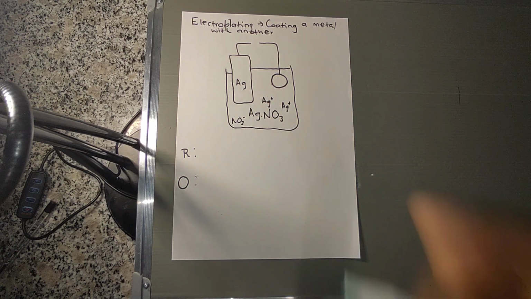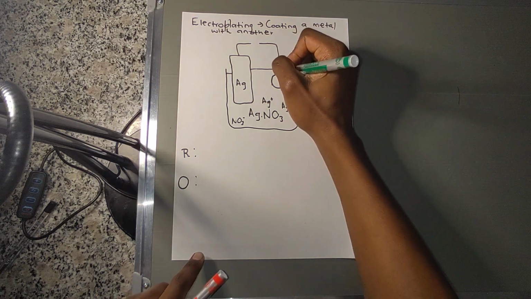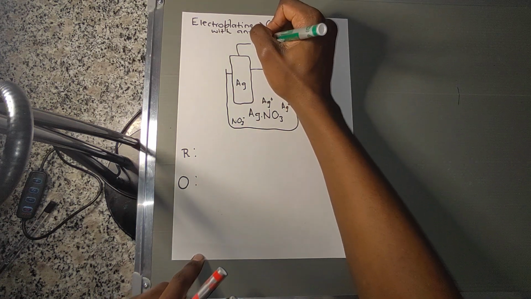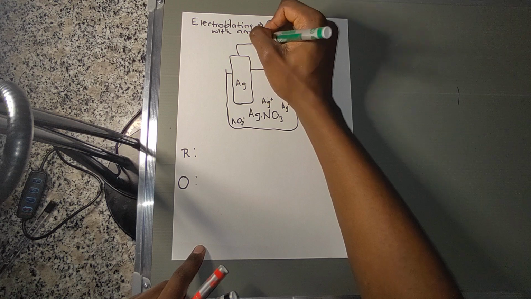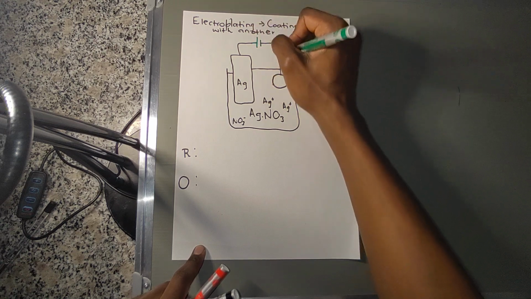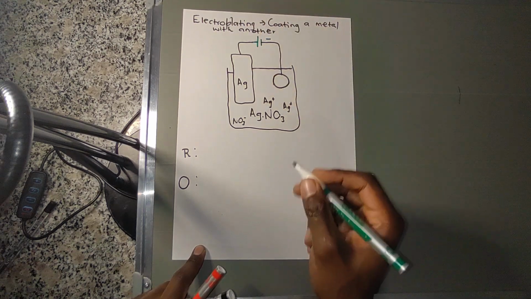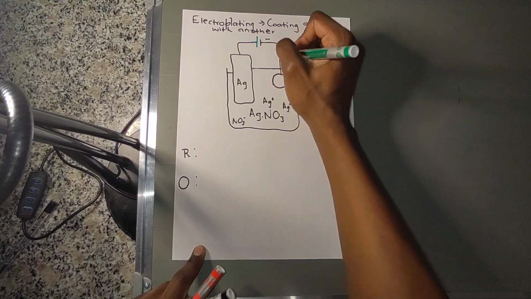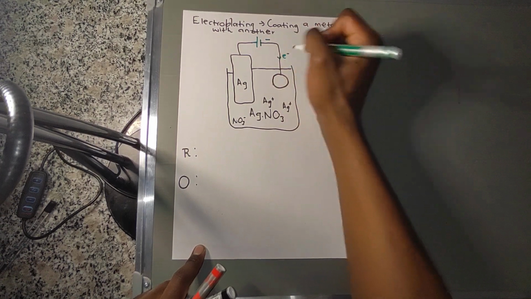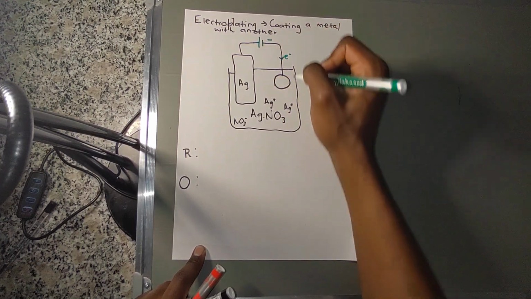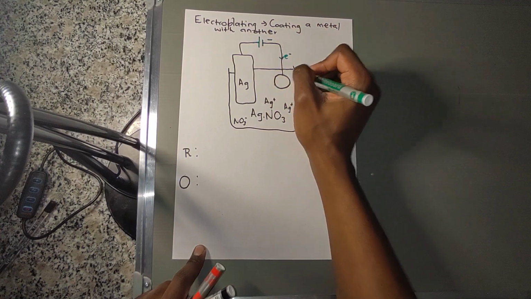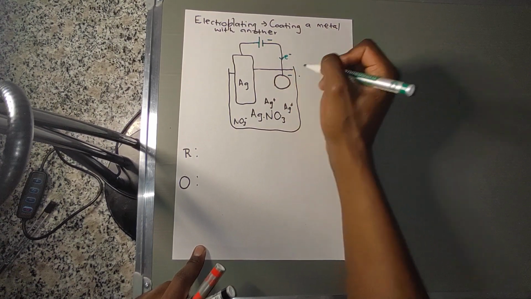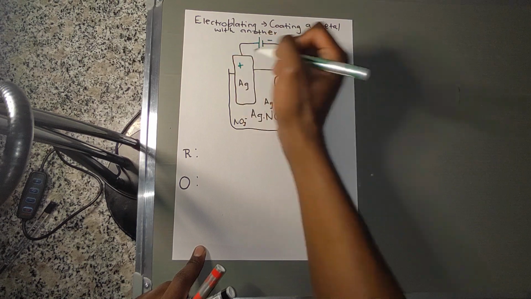So now you want this to have electrons. So this should be a negative terminal because you want the electrons to come here. So now the electrons will be able to move in this direction. This will end up being negative. This will end up being positive.